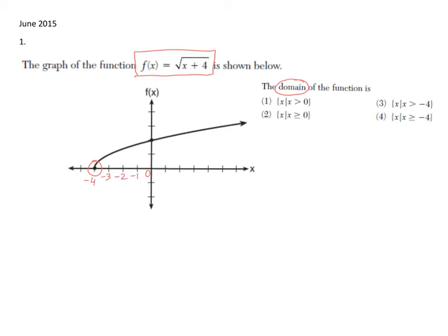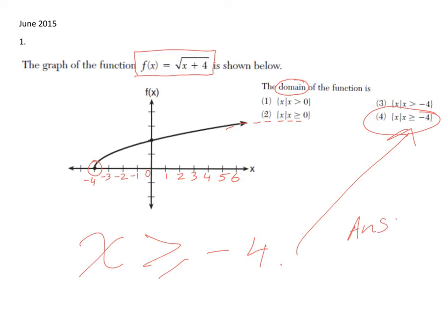It starts from -4 and is going beyond -4 and it's going on. So it keeps going till infinity. So it starts from -4 and it goes up. So the domain will be x is greater than or equal to -4, which is right here.